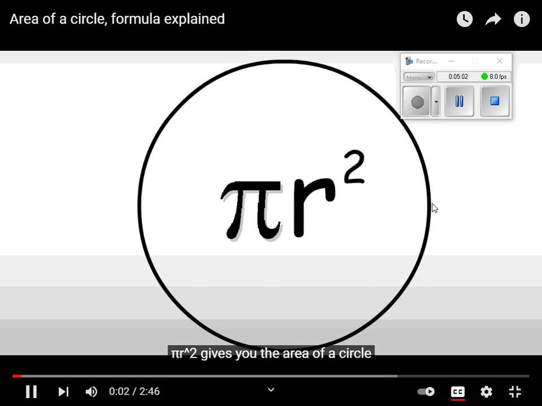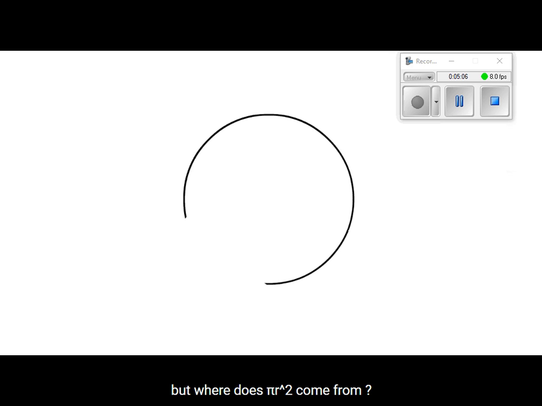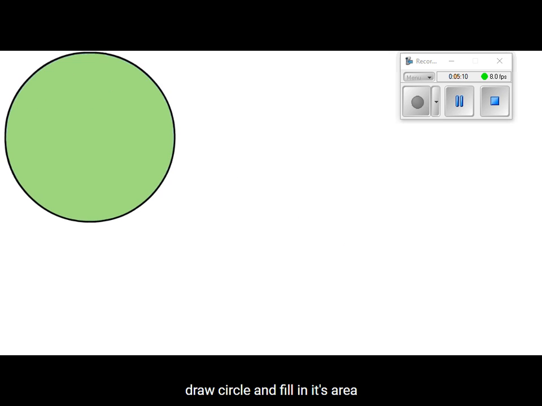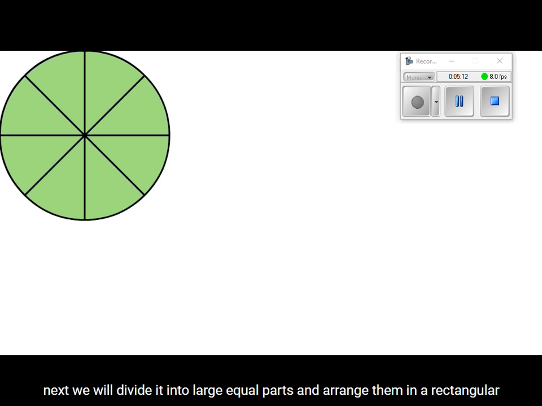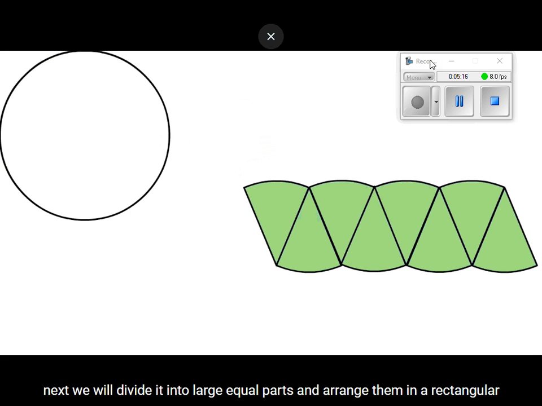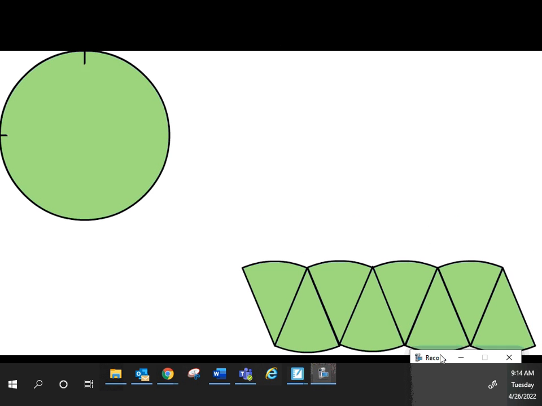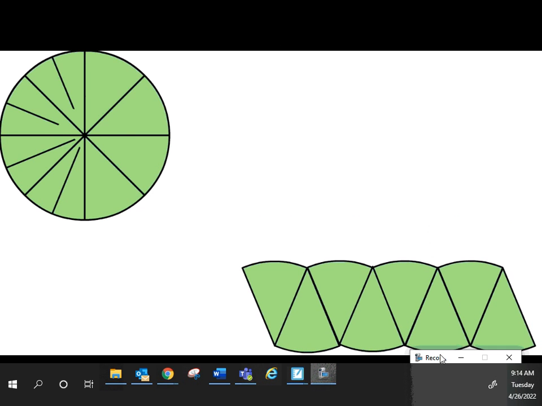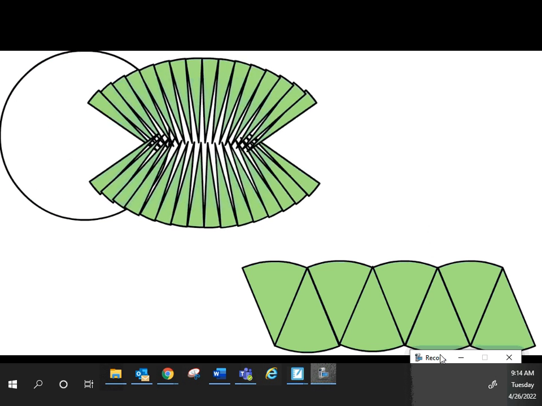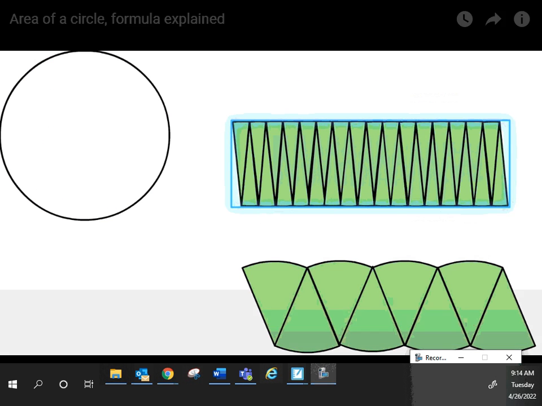where it gives you the area of a circle. But where does pi r squared come from? First, we'll draw a circle and fill in its area. Next, we will divide it into large equal parts and arrange them in a rectangular formation. As you can see, it barely resembles a rectangle. So next, we will divide the circle into small pieces, and we will arrange them in the same manner.